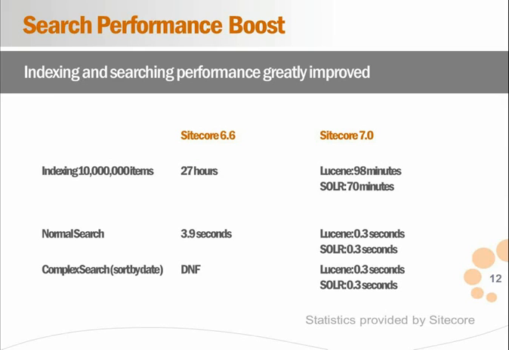For a complex search, so this was trying to sort by date within the search query, so get the search engine to do that, Sitecore 6.6 did not finish. Sitecore 7, again, 0.3 seconds on both Lucene and Solr. So you can see there significant performance increases in search and indexing.